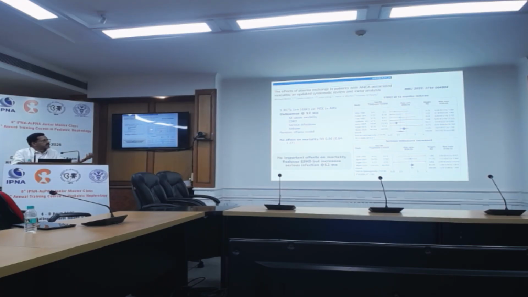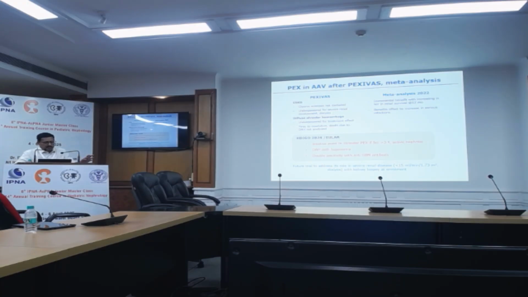So it does appear that it has a benefit in terms of reducing the dialysis dependence at 12 months. But they also showed in this meta-analysis that while the risk of end-stage kidney disease is reduced, there is an increase in serious infections at 12 months.